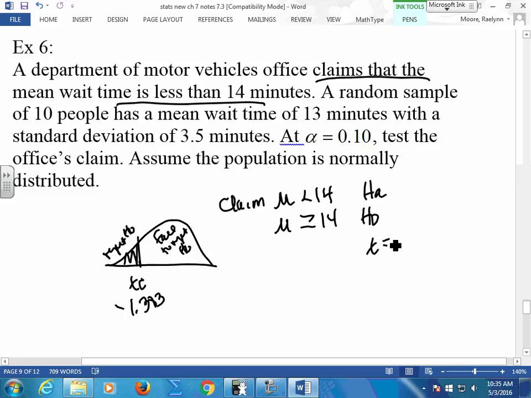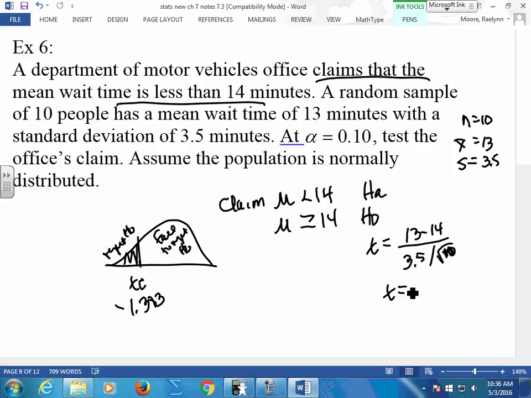We have a random sample of 10. We have a mean time of 13 with a sample standard deviation of 3.5. So we've got 13 minus 14 over 3.5 divided by the square root of 10. And your t would come out to be negative 0.9035.